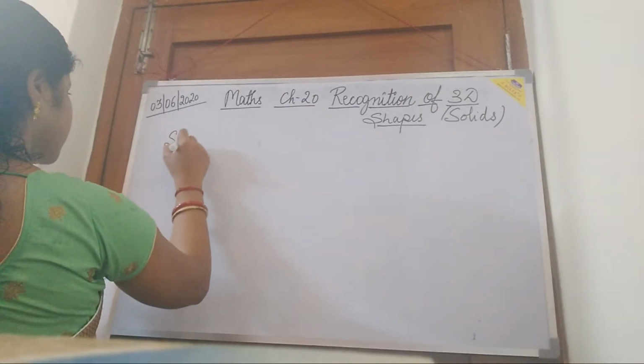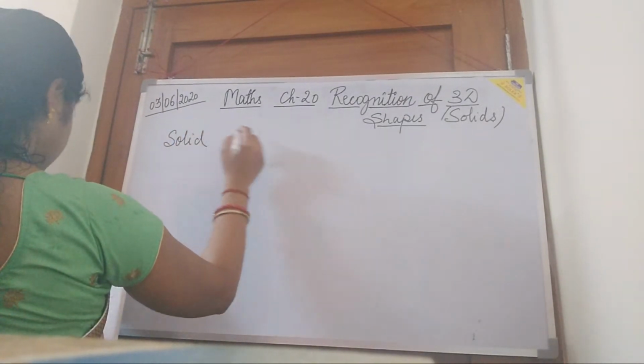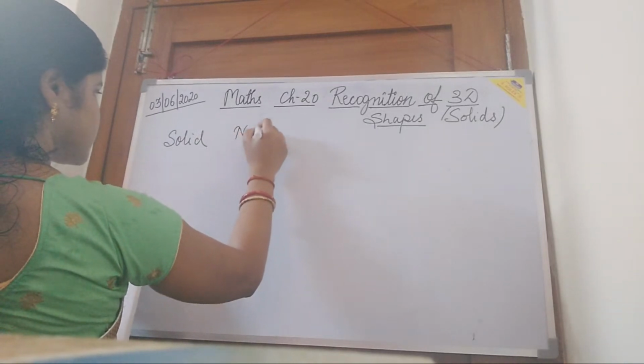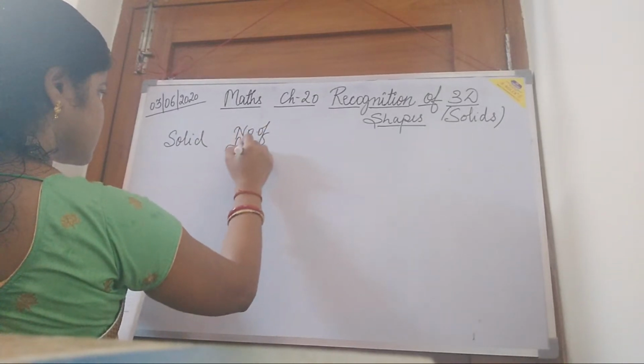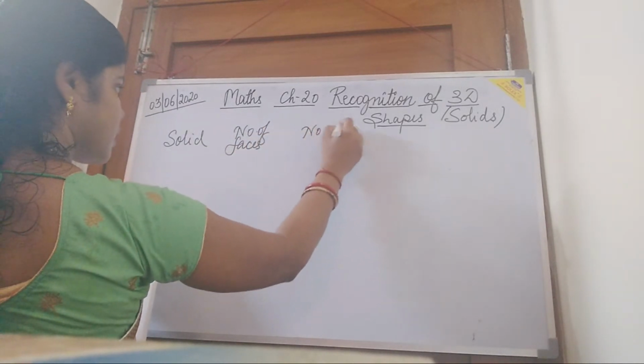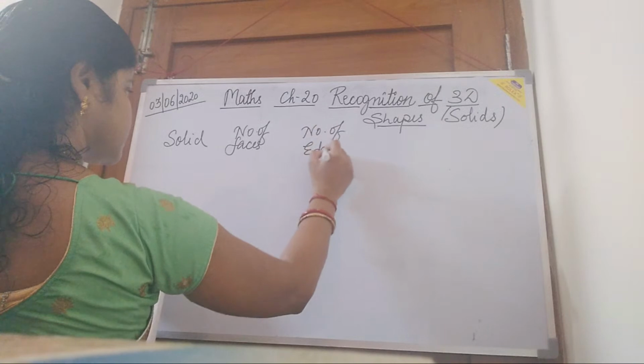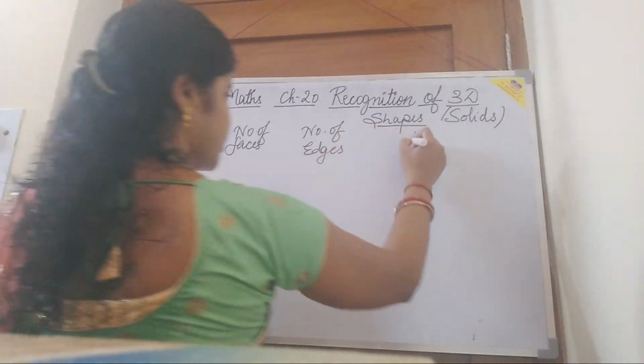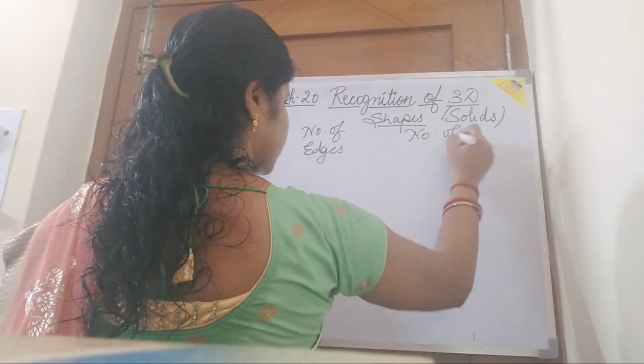Here solid, here number of faces, here number of edges, and the third one number of vertices.